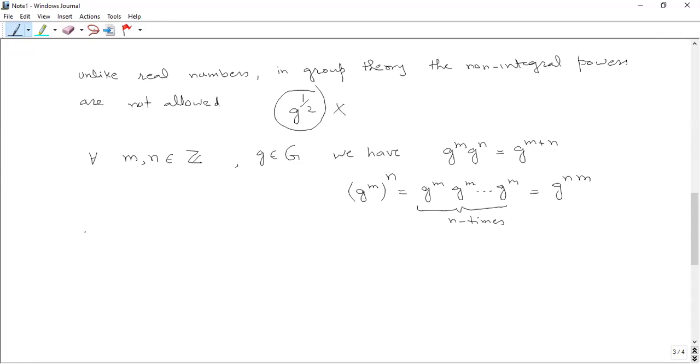In general, because a group is not commutative in general, (ab)^n is not equal to a^n b^n in general.